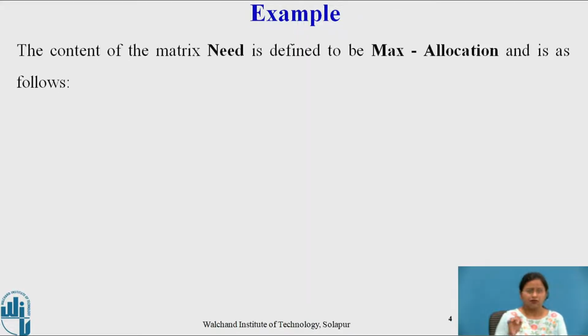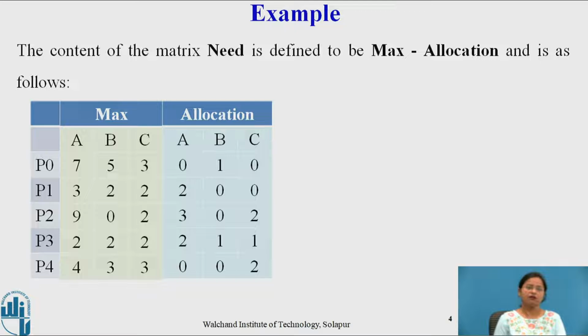Now we have to first apply the safety algorithm, but before applying the safety algorithm we need to calculate the need matrix. The need matrix is calculated as max minus allocation. We have the max matrix, we have the allocation matrix.